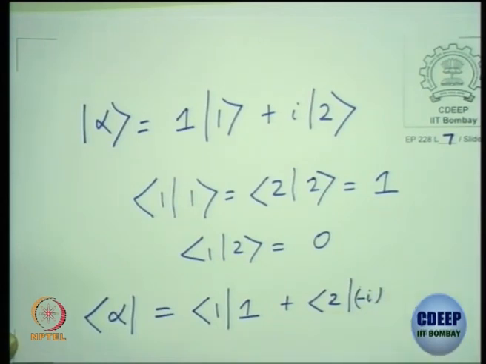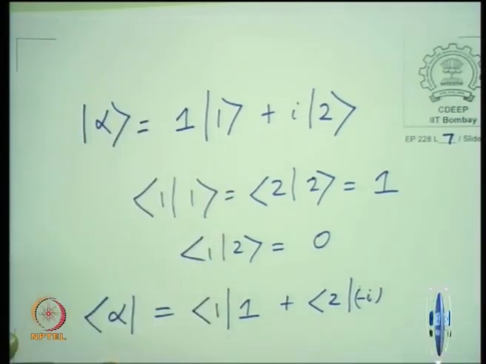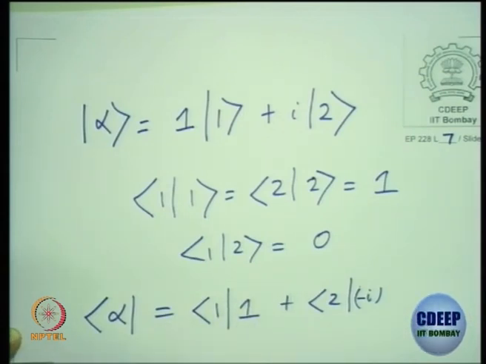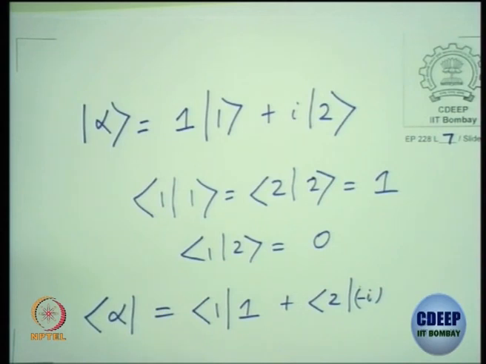When we want to take the inner product of alpha with alpha, you first have to convert the coefficients to complex conjugates, and then we can proceed with this to find the dual vectors.